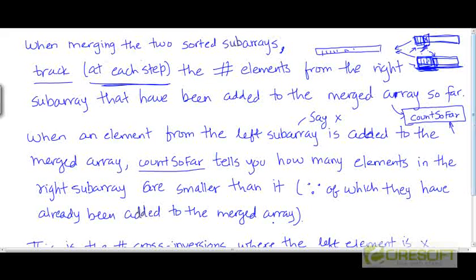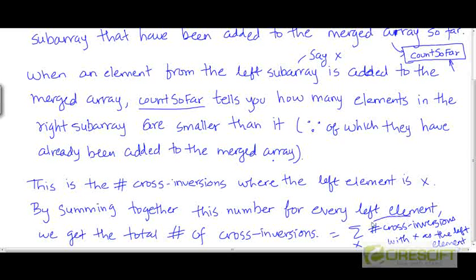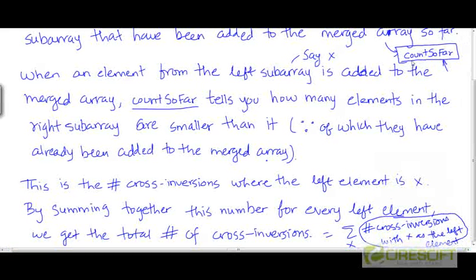And once we do that, we will get the total number of cross inversions. Okay. So the total number of cross inversions is summation over all x, the number of cross inversions with x as the left element. And this value, the number of cross inversions with x as the left element, is the value of this counter count so far at the time when x is added to the merged array.